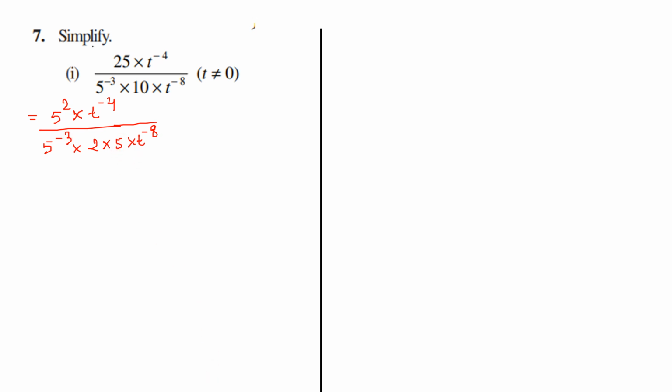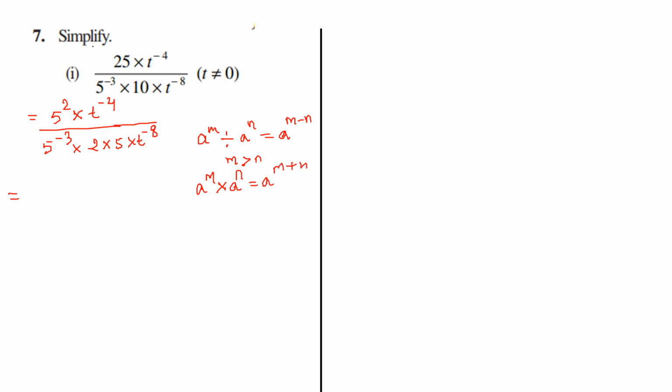So I am going to use two laws in the next statement. First, the division law, which tells that a^m divided by a^n equals a^(m-n), where m is greater than n. Another law which I will use is the product law, a^m into a^n equals a^(m+n).